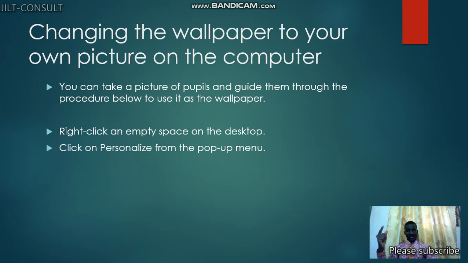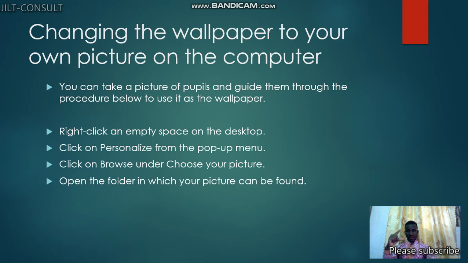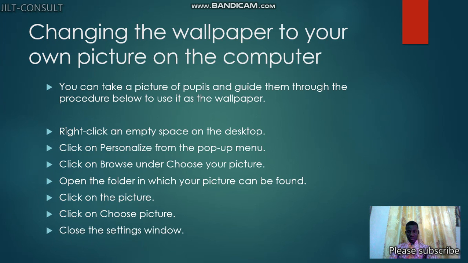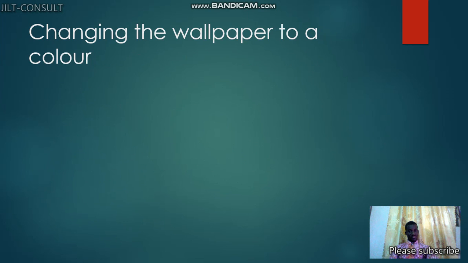Step 3: click on Browse to choose your picture. Step 4: open the folder in which your pictures are. So I'm going to select the folder where my pictures are, and then upload. Then click on the picture. Click on Choose Picture. Close the settings window, and you are done.